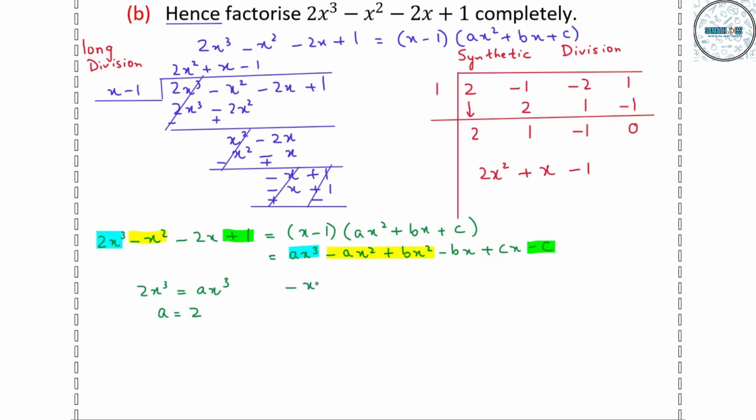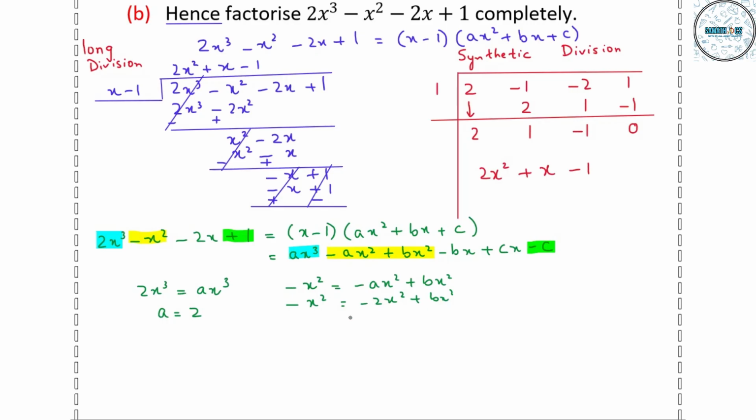We will equate minus x squared to minus ax squared plus bx squared. All the terms in x squared on this side are to be equated to the term in x squared on the left hand side. We can substitute here the value of a as 2. So this will become minus 2x squared. We will take this on this side. It will become plus 2x squared.